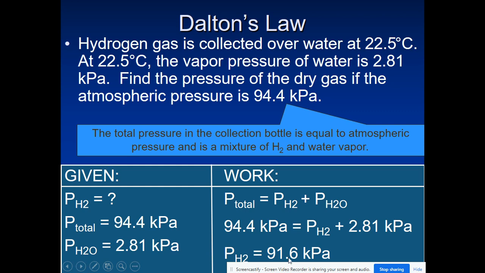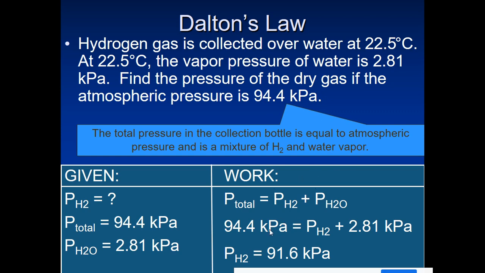Another type of problem that you'll run into is a situation where you have a gas collected over water, where you have the water vapor also present. So here we have hydrogen gas collected over water, and it's telling you the temperature at which this is done. It's telling you that at 22.5 degrees Celsius, the vapor pressure of water is 2.81 kPa. It's also telling you that the atmospheric pressure is 94.4 kPa.